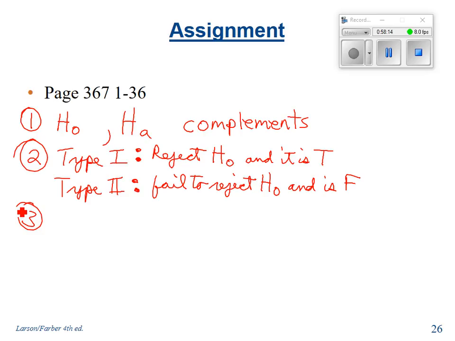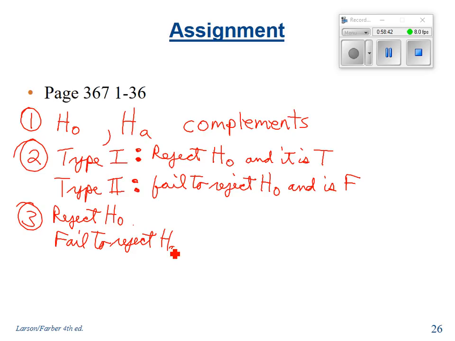Number 3, what are the two decisions that you can make from performing a hypothesis test? We just sort of stated up here. We can either reject the null, or we can fail to reject the null. Again, got to think about this stuff like a politician.